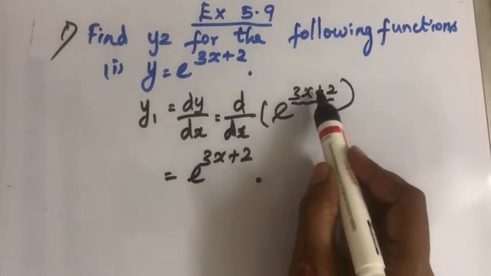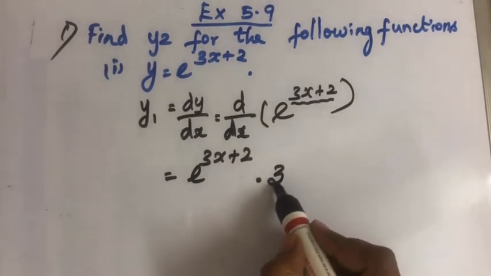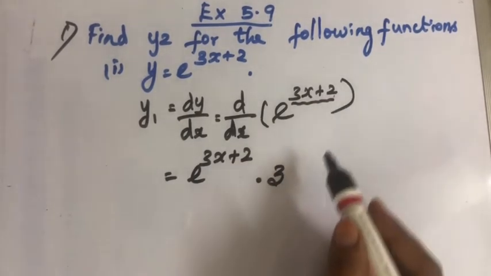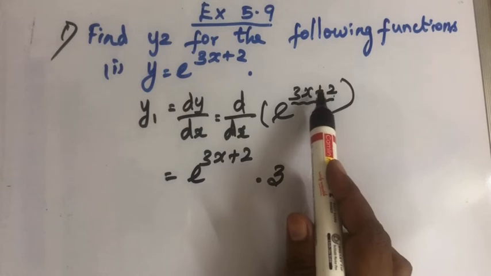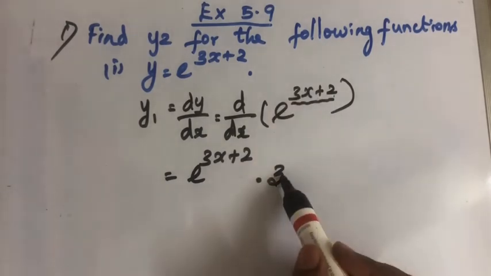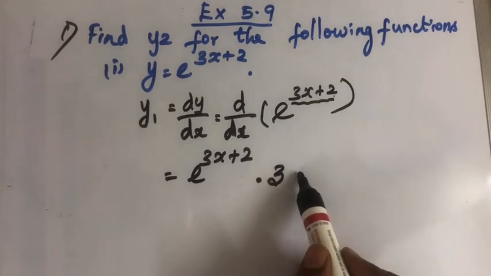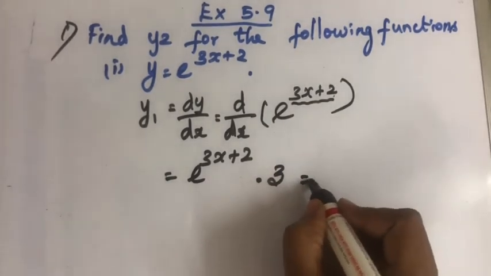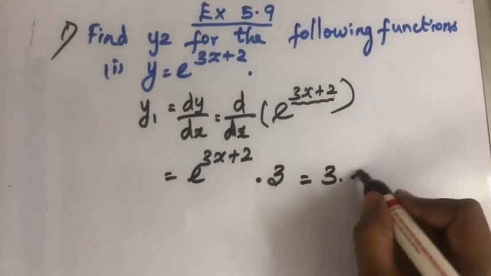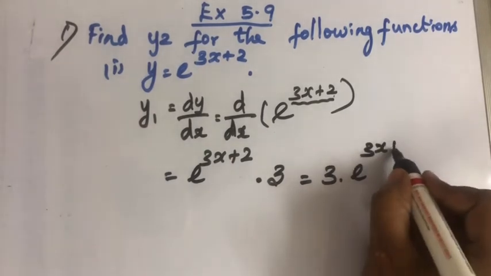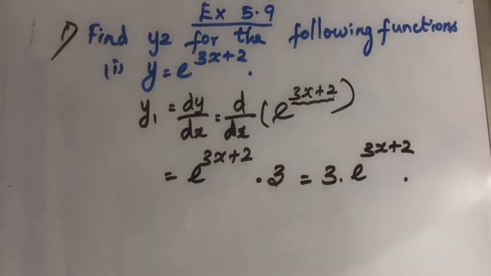While differentiating 3x, we get 3. While differentiating 2, it will be 0. It's a constant. So, differentiating 3x you will get 3. But while differentiating a constant number, you will get 0. So, that is equal to 3 into e power 3x plus 2. That is the differentiation.